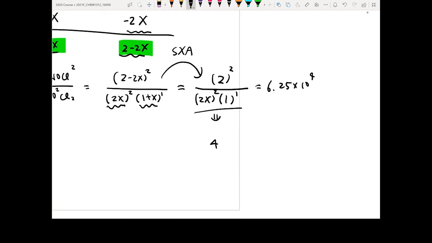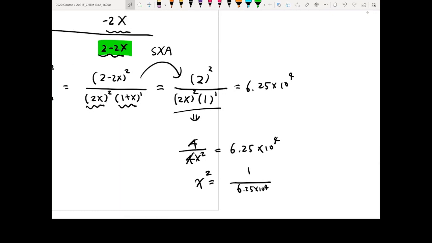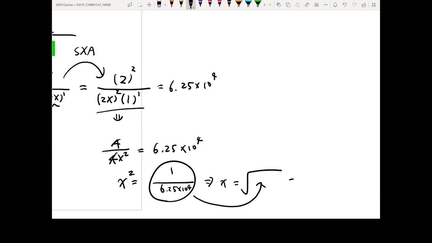This will be 4 over 4x squared equals 6.25 times 10 to the 4th power. 4 and 4 cancel out. x squared equals 1 over 6.25 times 10 to the 4th power. Therefore x is the square root of this whole thing, which gives you a number of 4 times 10 to the negative 3rd.